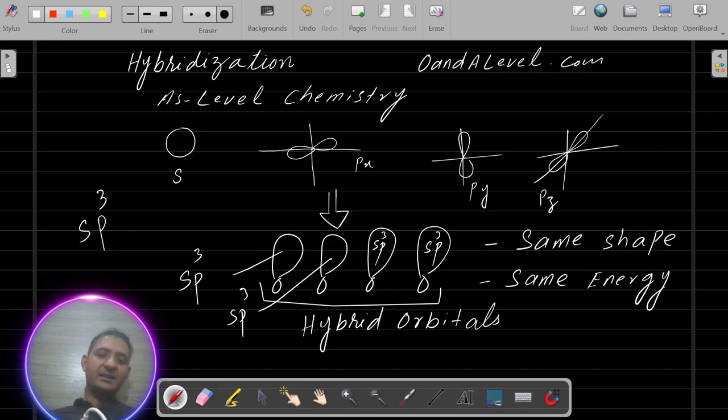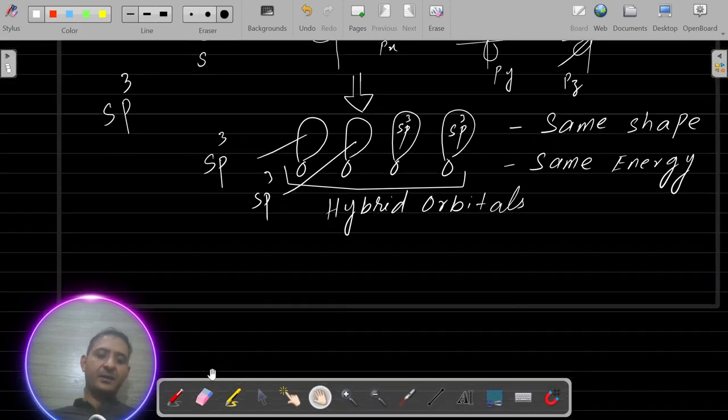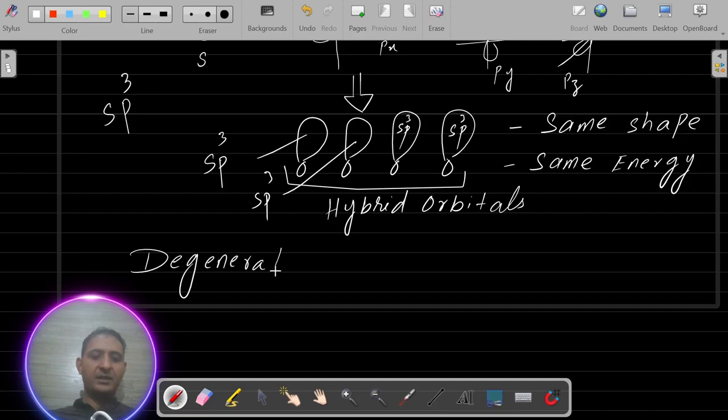There is another term in your syllabus, known as degenerate orbitals. How to define them? Orbitals having same energy but different axes.